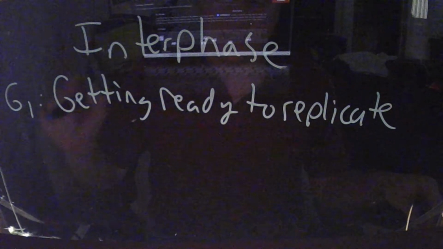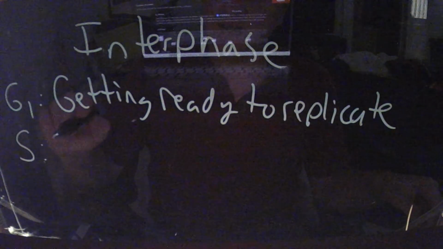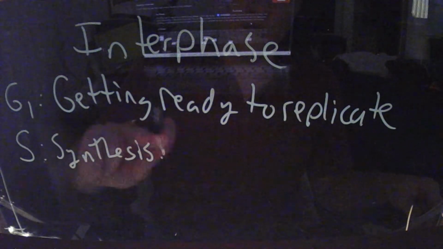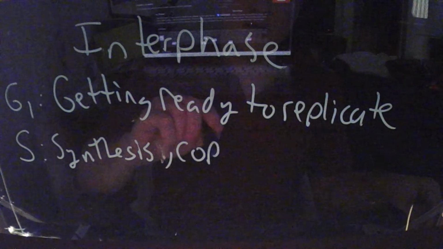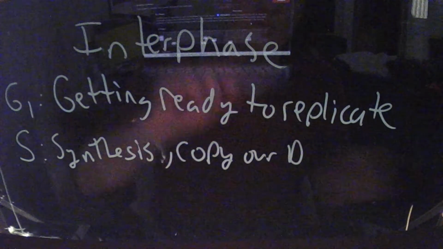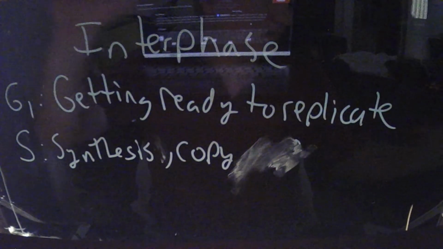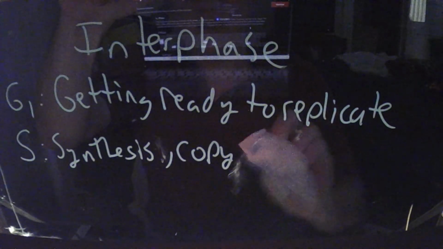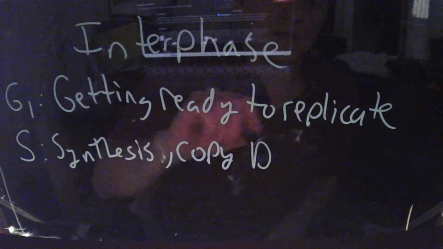And again, that's gap 1. S is synthesis. And in synthesis, the cell is copying its DNA. So in S phase, the cell is going to copy DNA.